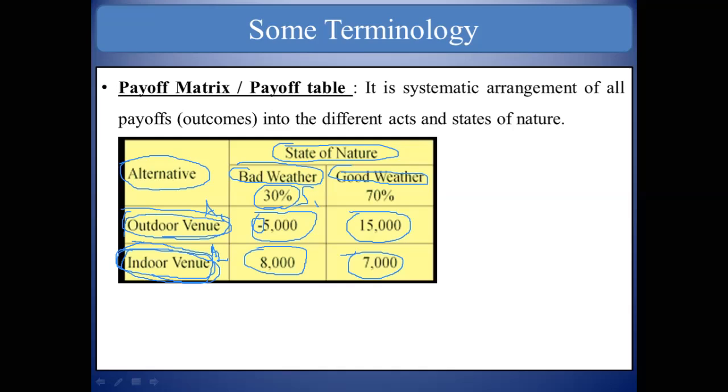So this table is known as payoff table because in this table in rows we have defined act 1, act 2 and in columns you have defined two states of nature S1 and S2. So the combination of acts and states of nature is known as payoff matrix or payoff table. Now I hope it is clear.